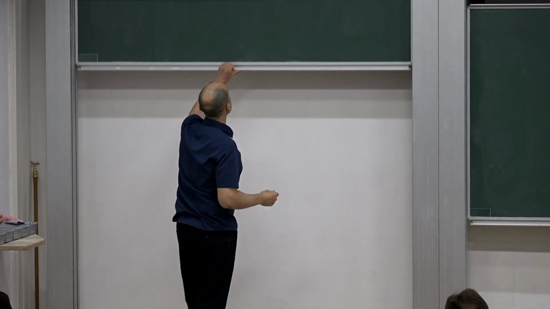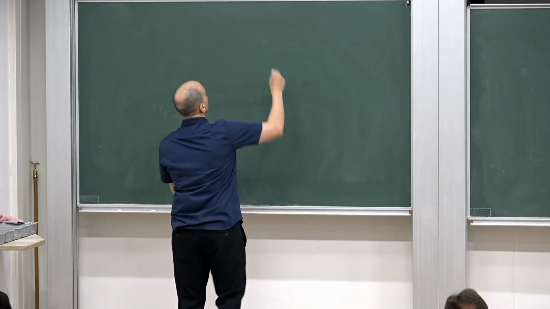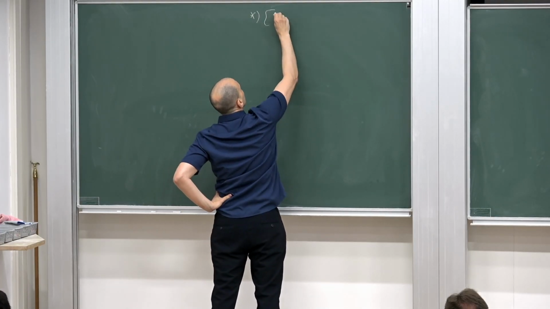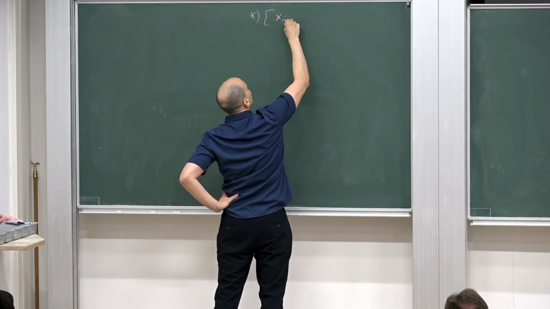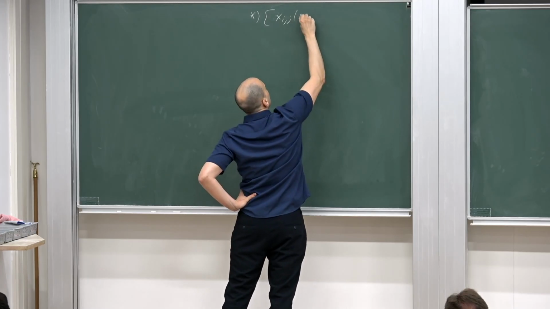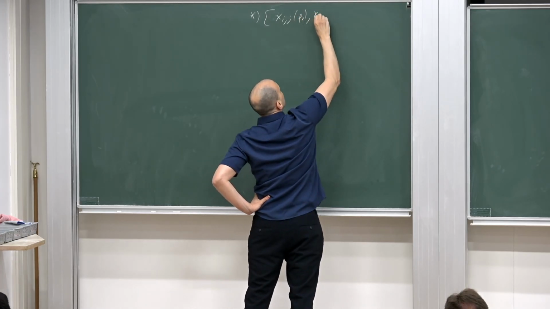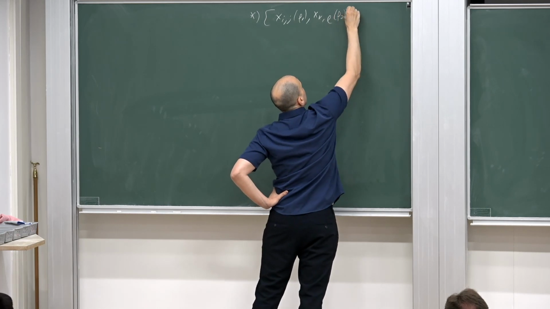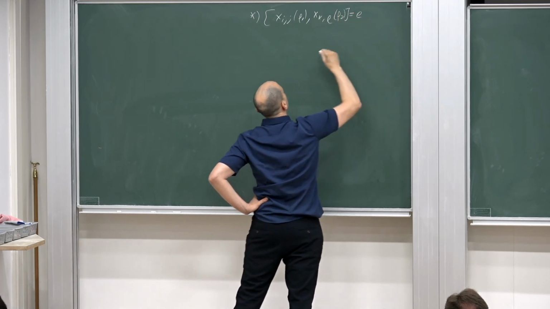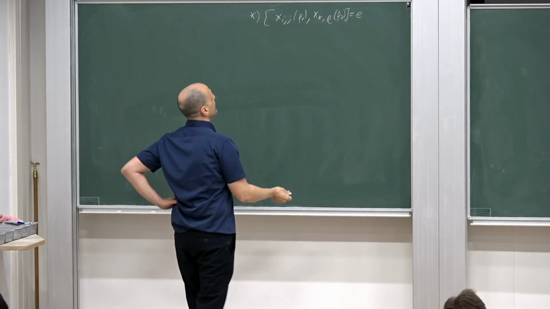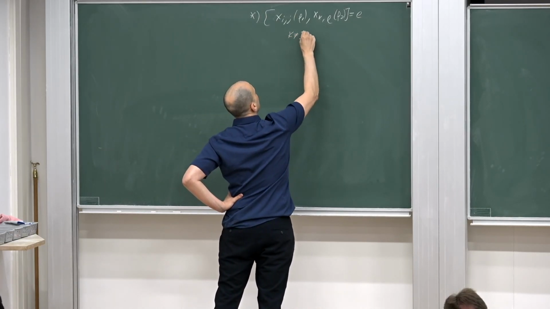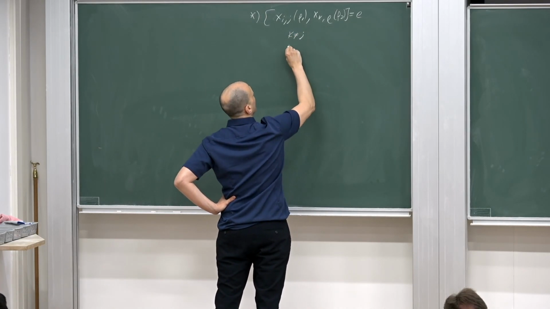And the last relation is that if you take the commutator of x_ij(p1) with x_kl(p2), it is trivial if you're not in the previous cases, so if k is not j and i is not l.